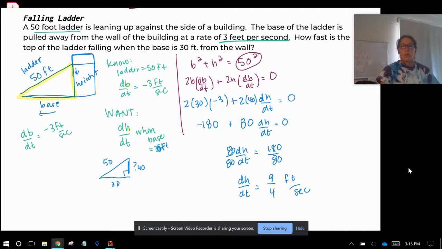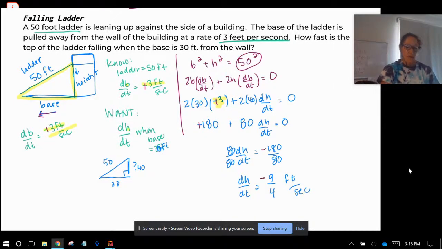Okay, so what I did wrong was that the base is increasing in length, so the rate of change would be positive. We okay? So positive. I'll highlight all these. Positive, positive. So I need to change each one of these values to be positive, which is going to give me a negative.